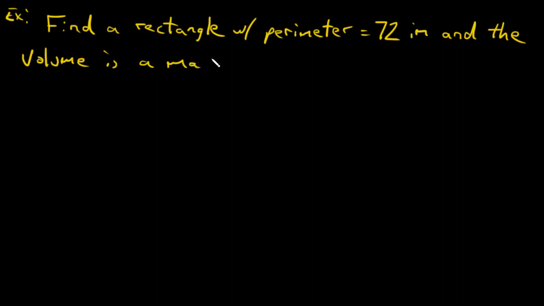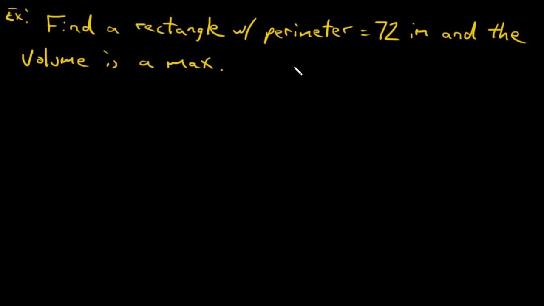Okay, so you can imagine I've got 72 inches of fencing, I've got 72 inches of chain, whatever. I need to form it into a rectangle, but I want to maximize my volume. Okay, so how do I do that?